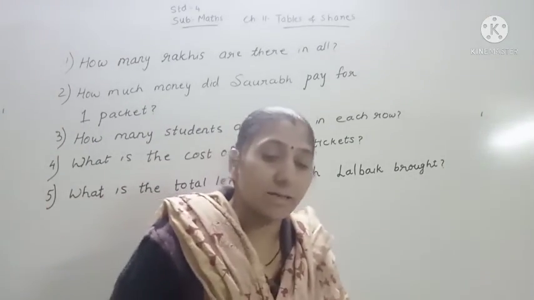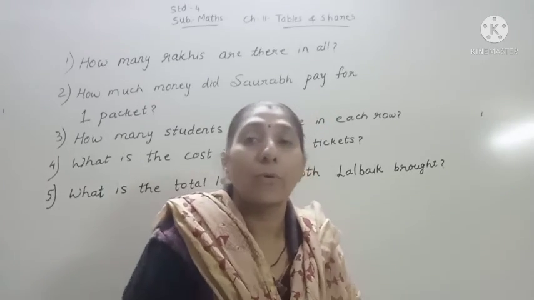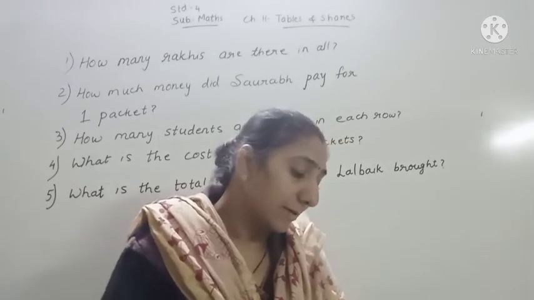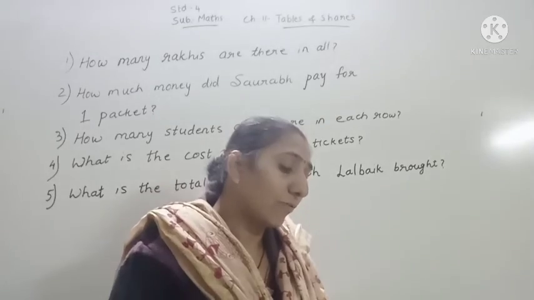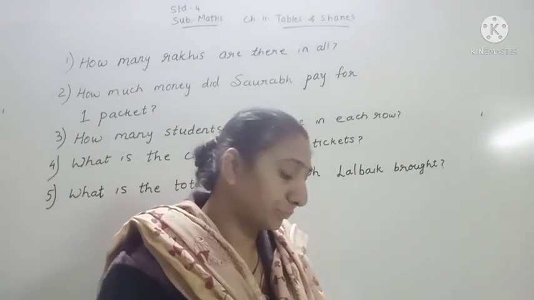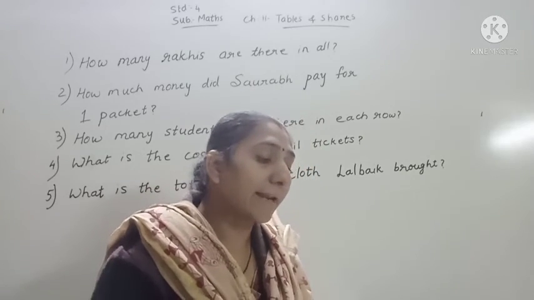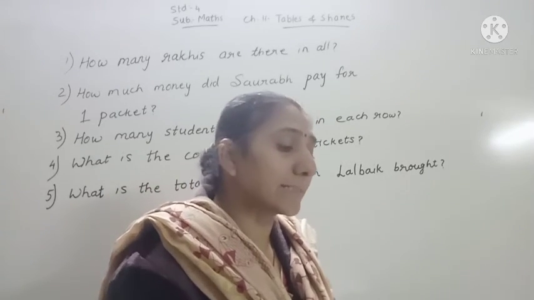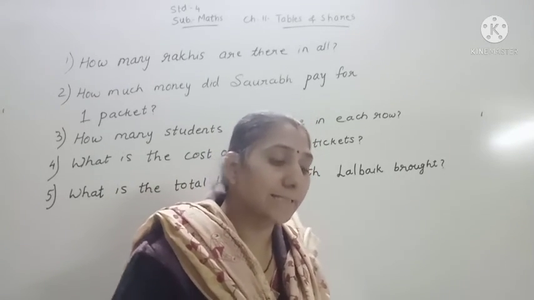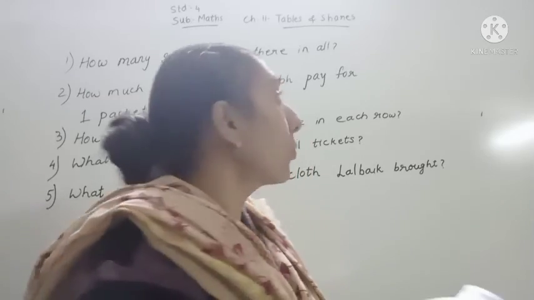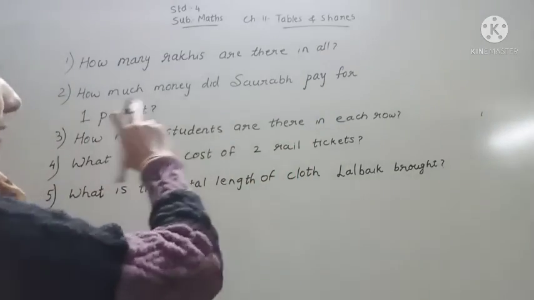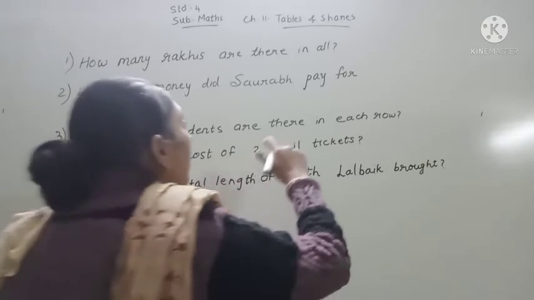Also guess the answers. We can also find the answers. Now again, what is the first one? There are 8 packets of Rakhis. Each packet has 6 Rakhis in it. So what is our question? How many Rakhis are there in all?